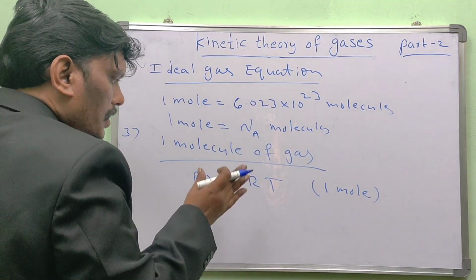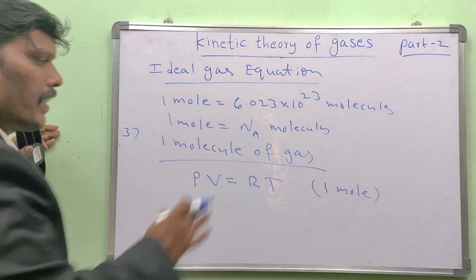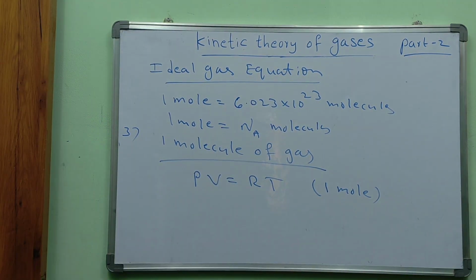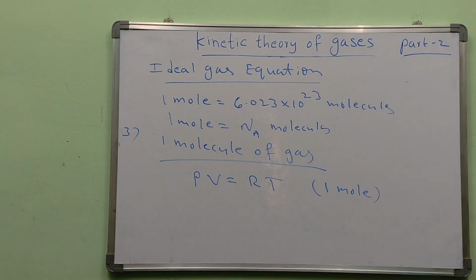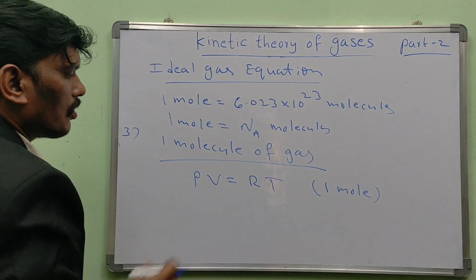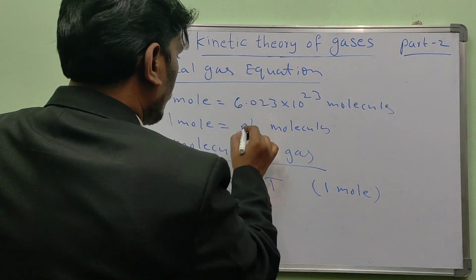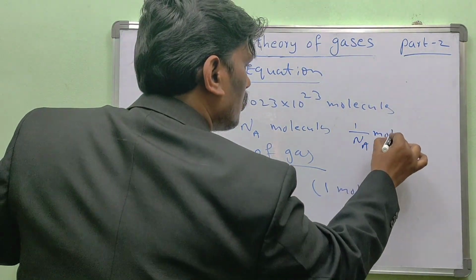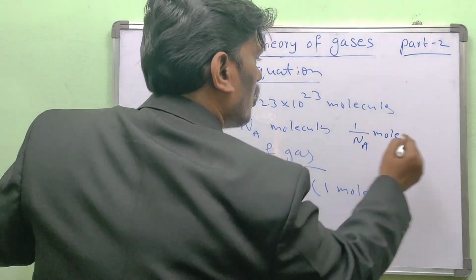So I am going to write the ideal gas equation for 1 mole of a gas: PV is equal to RT. Observe here, Na transposed to the left side. So 1 by Na mole is equal to 1 molecule.